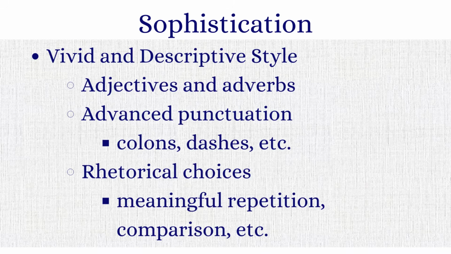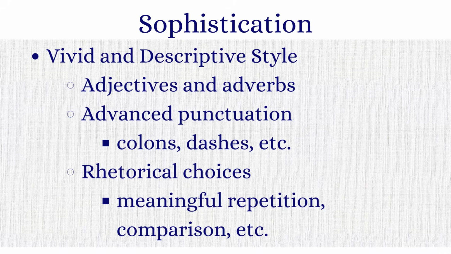Now, the third way to earn the sophistication point is to have a vivid and descriptive style. And there are different techniques that you could use to improve your style, but again, it doesn't guarantee the sophistication point. So one tip would be to incorporate adjectives and adverbs to your writing to make it more precise. So a quick example of this would be, instead of saying he asserts, add an adverb there.